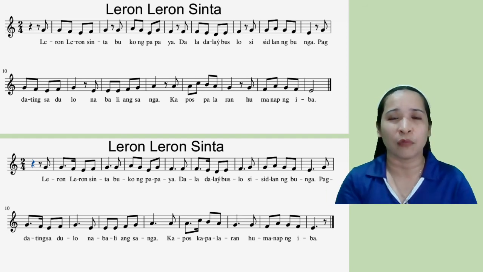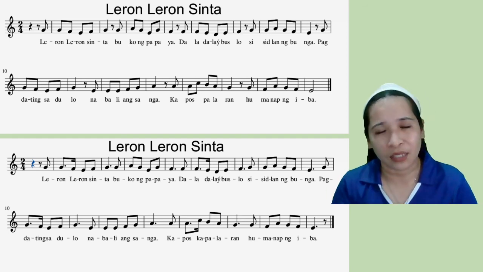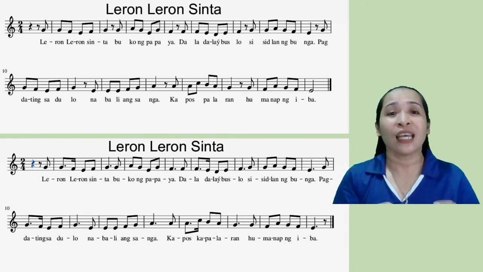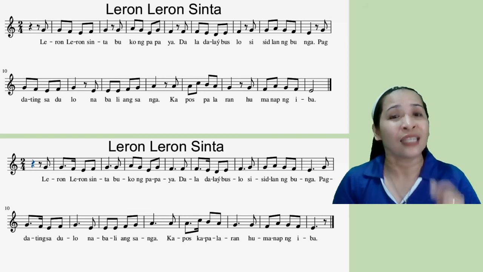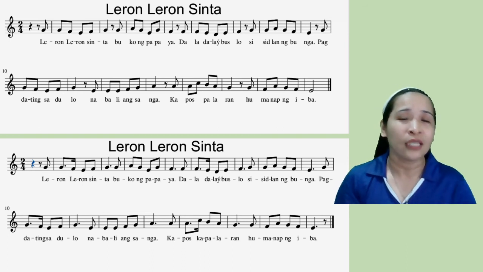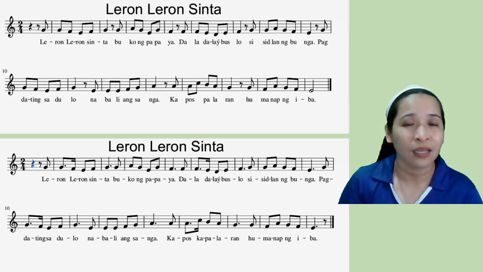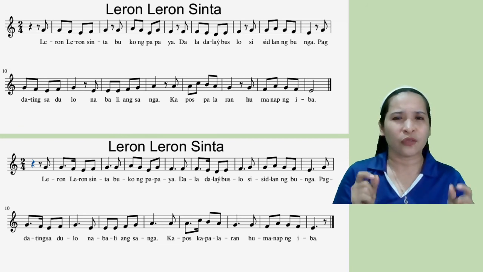I'm using the snap for the rest. On the lower arrangement: Leron, leron sinta, buko ng papaya, dala, dalay buslo, sisidla ng bunga. So there's a slight difference in the counting.